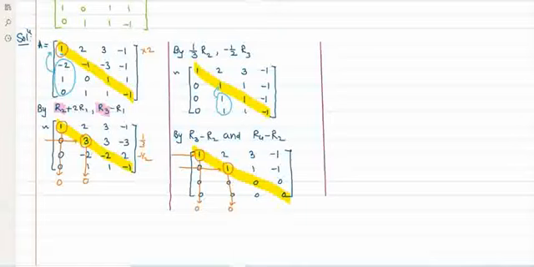Now count the number of rows. How many non-zero rows are there? Two. Which is required for echelon form.